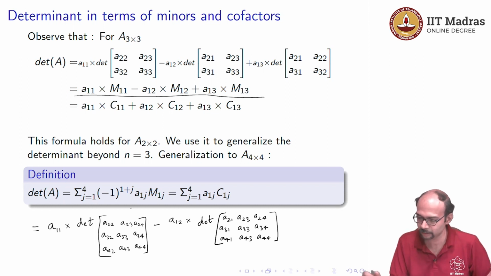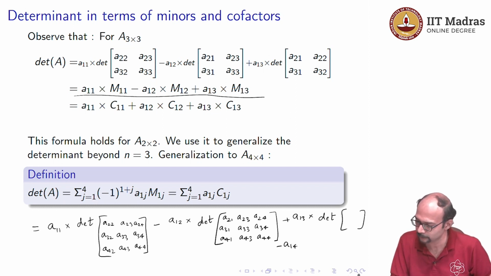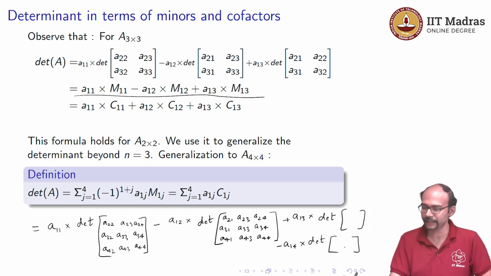Okay, that is the second term in this expression, and note we have a minus sign here, and then plus a13, and I hope now you can write down these two determinants. So, check out what this is, and then minus a14 times the determinant of whatever we get here.